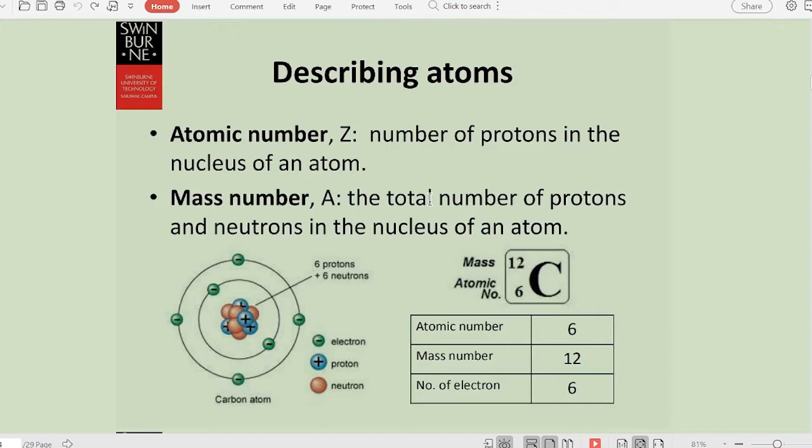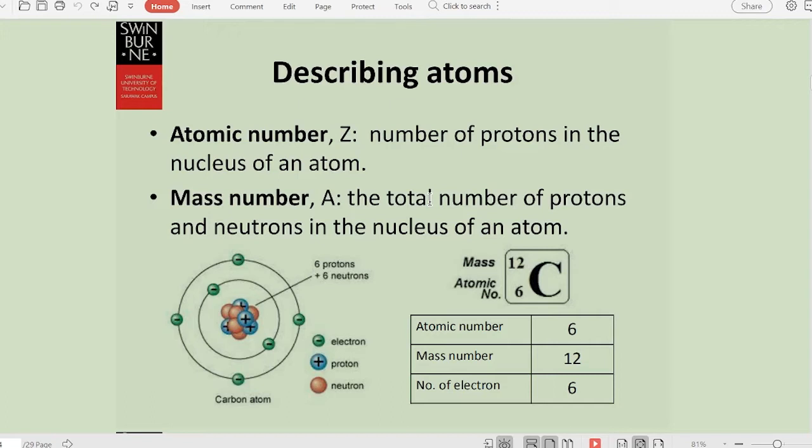So you can say that the number of protons is its IC number or its passport number. It cannot be shared, it cannot be similar to others. One atom should always have a certain number of protons, and that is its identity, right?